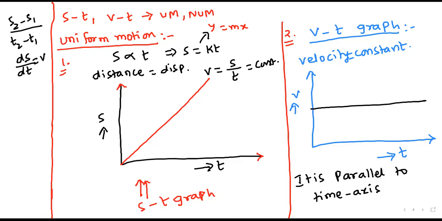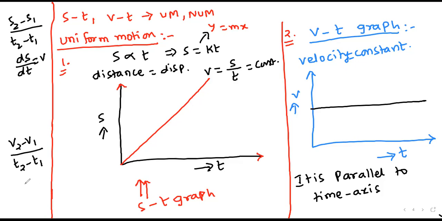What is the slope under the velocity time graph? Slope means y2 minus y1 by x2 minus x1.